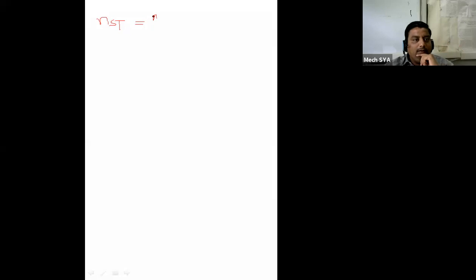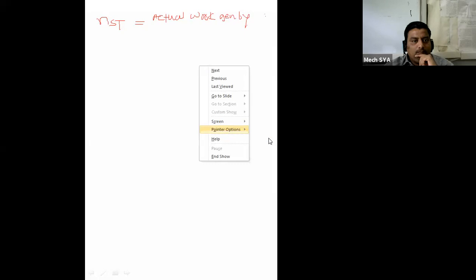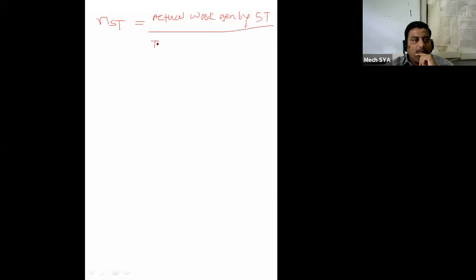So eta isentropic of turbine is actual work generated by the steam turbine, ST, divided by theoretical work generated by the turbine. Because actual work developed by the turbine will be less and theoretical work will be more.